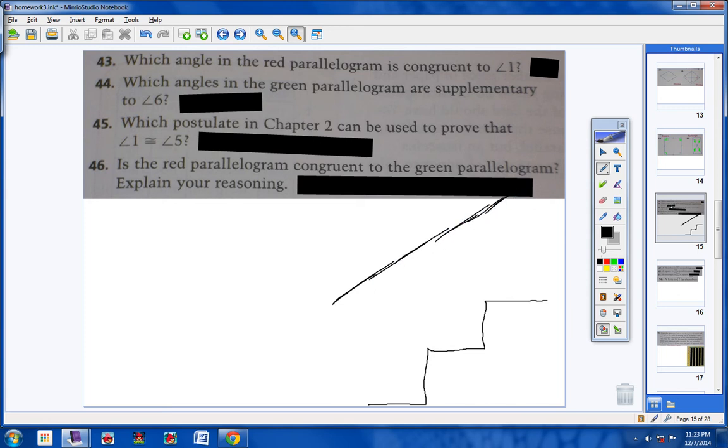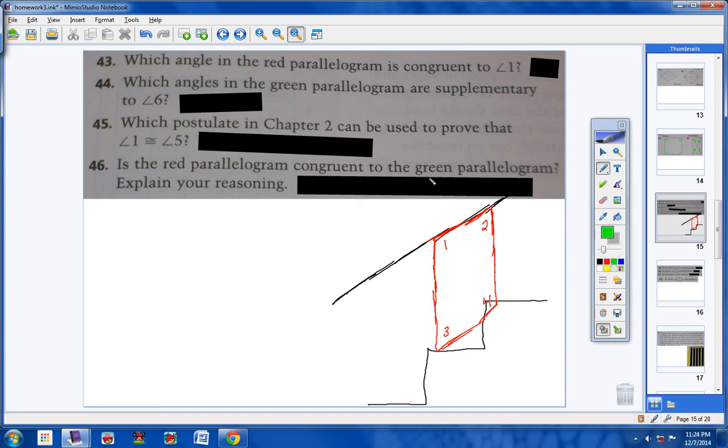Now, let's see. We have a red parallelogram. Angles 1, 2, 3, and 4.